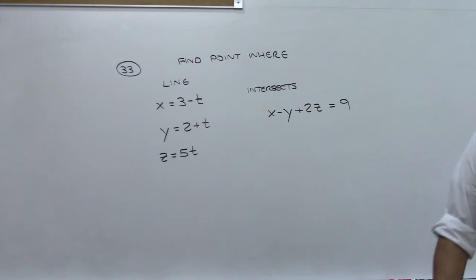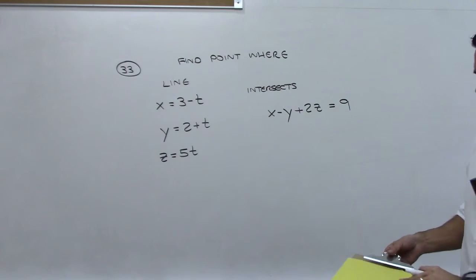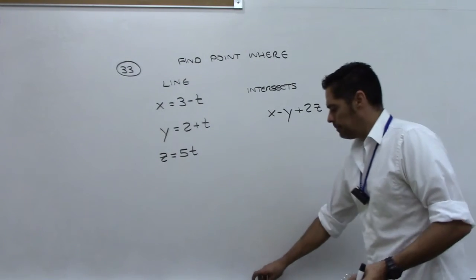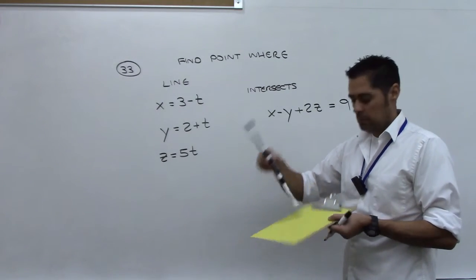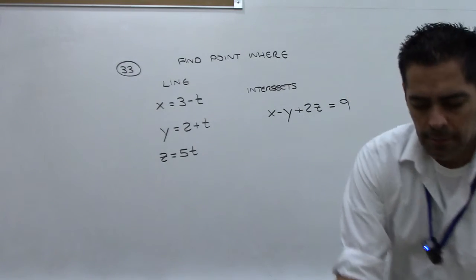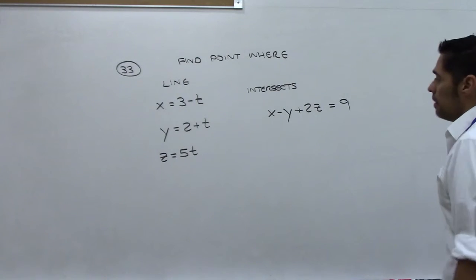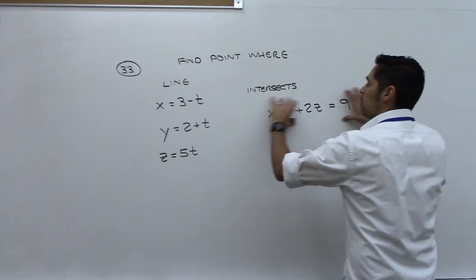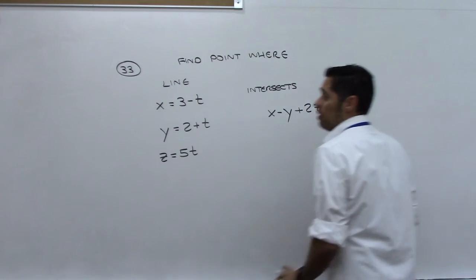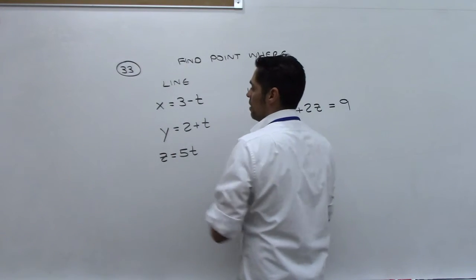So you have a plane, you have a line. Where do they hit each other? Where's that point? All right, well, in order to live on this plane, this equation must be true. In order to live on this line, these three equations must be true.